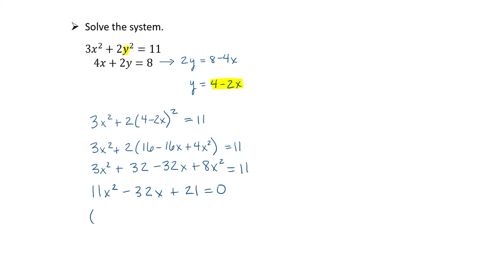Now, to factor this, remember you can factor using whatever method that you're used to. I'm going to split up the 11x squared as 11x and x, and then both of the signs will be negative, and if I can put a 1 here and a 21 here, this is going to give me a negative 21x minus 11x, which is my negative 32x.